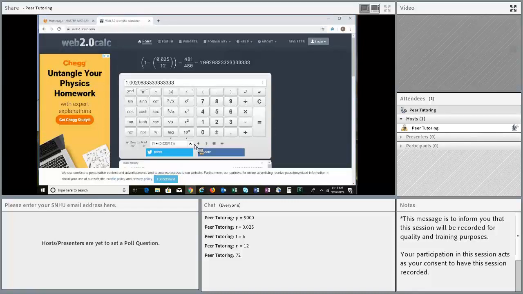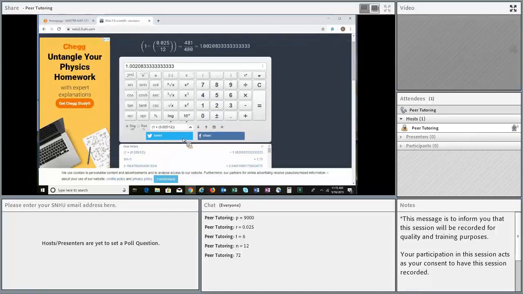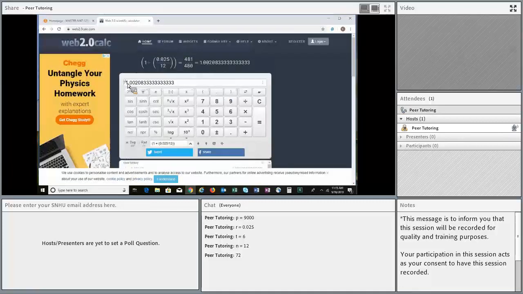The nice thing about Web 2.0 Calc is that you can see everything that you're entering step by step. Also, if you look at this button here, you can see your history. So you can always select it if you want to go back.